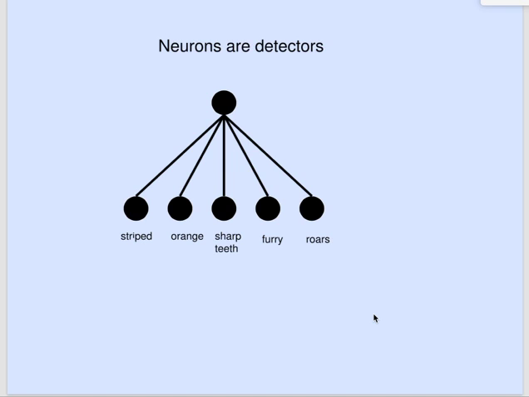They all send information to that top node or neuron, which serves as a detector to see whether those features are on or not. So you might think of that top node as essentially like a lion or a tiger detector.